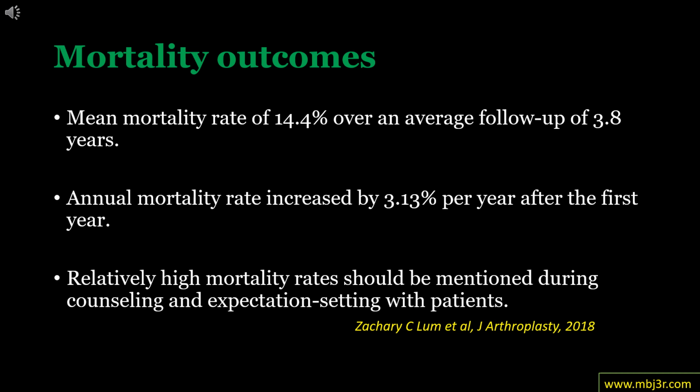Researchers found a mean mortality rate of 14.4% over an average follow-up of 3.8 years. The average annual mortality rate increased by 3.13% per year after the first year. The authors suggest that these relatively high mortality rates should be mentioned during counseling and expectation setting with the patients.